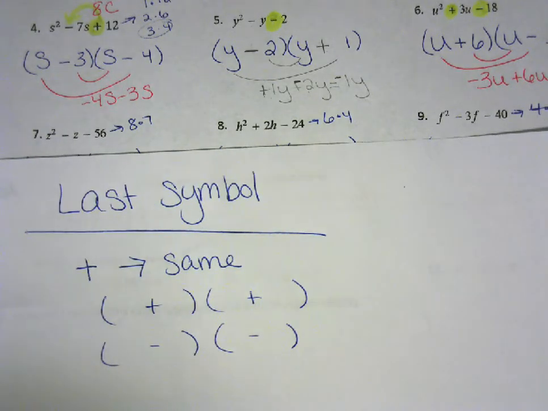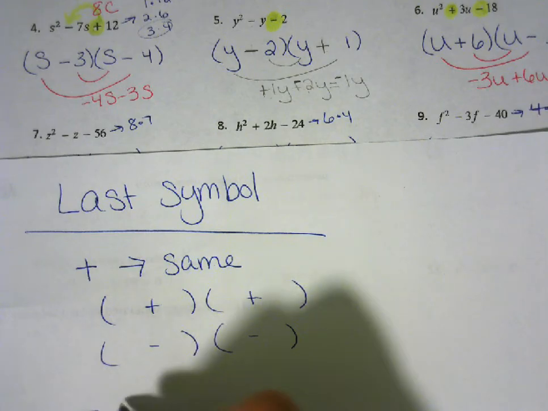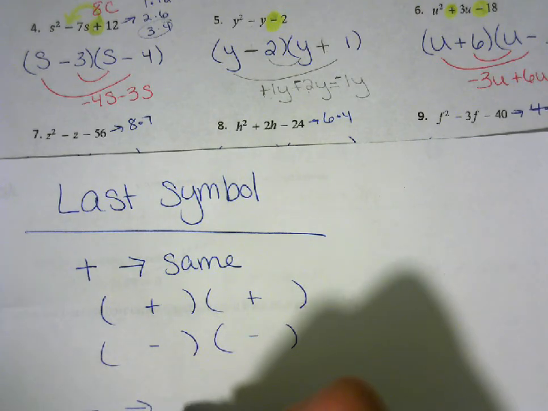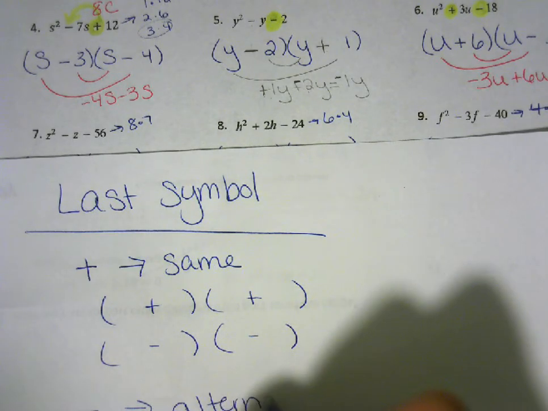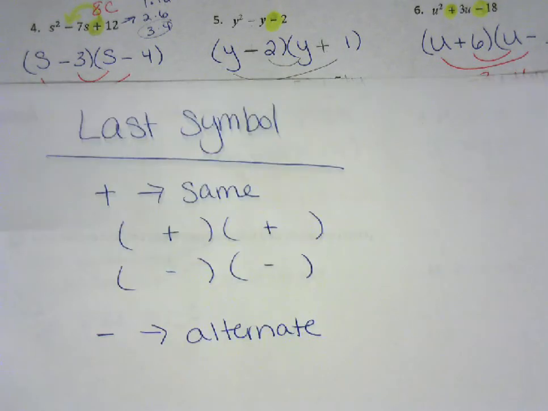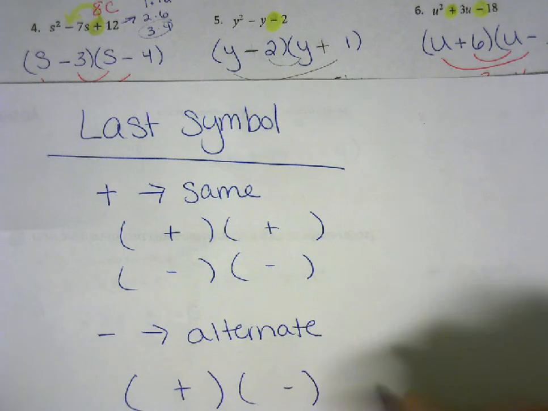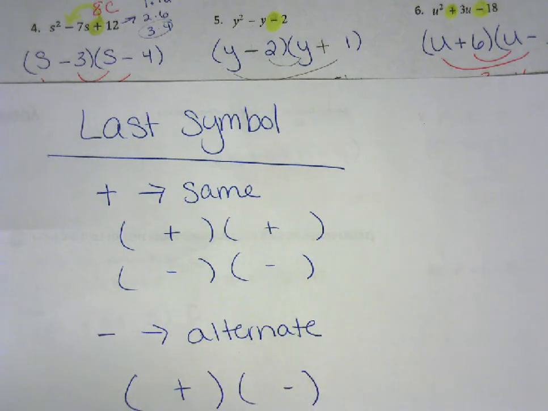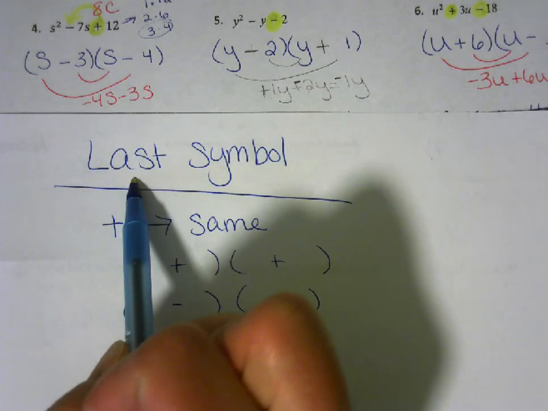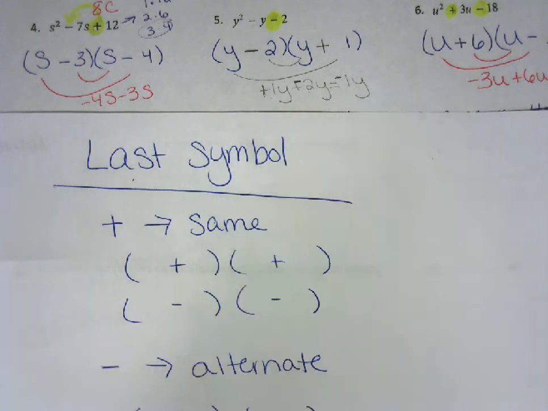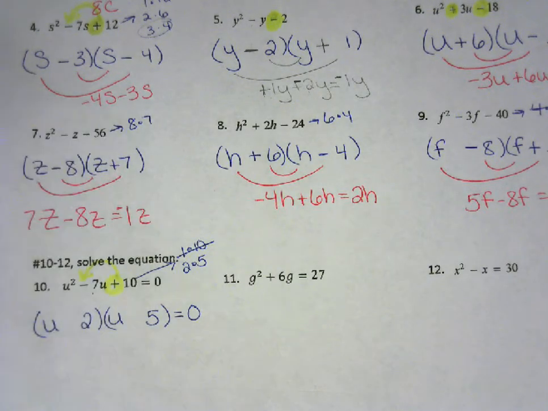If your last symbol is a subtraction, then they'll alternate. They'll be different. So you'll either have one plus and one minus or vice versa, okay? So really everything goes based upon this last symbol. That's really the key there, okay?